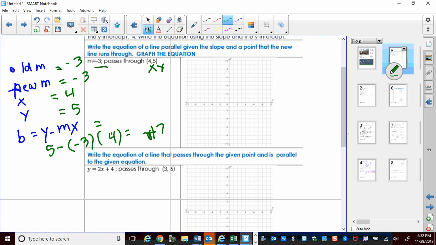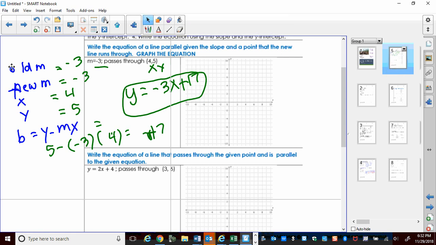My equation is y equals -3x plus 17. We are not going to graph this equation because you can't graph it on this particular graph, so we're going to skip graphing that. But my new equation is y equals negative 3x plus 17. Looking at it algebraically, the old slope is negative 3, my new slope is negative 3. The lines are parallel.